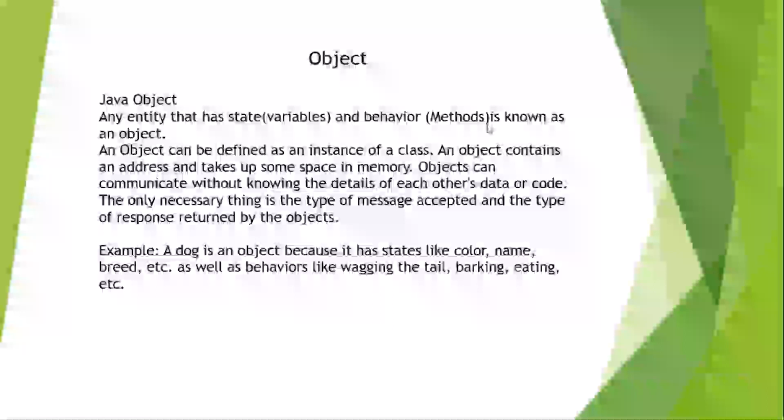The next concept is object and its characteristics. An object basically has three characteristics. One is state, which represents the variables and their values. Behavior represents the functionality of an object, for example deposit, withdraw, etc. Identity is implemented internally via a unique ID.